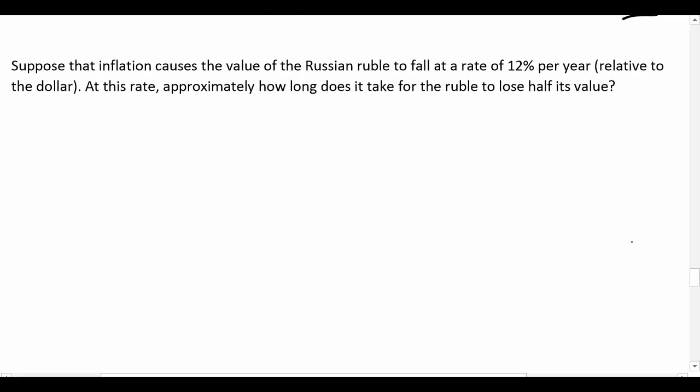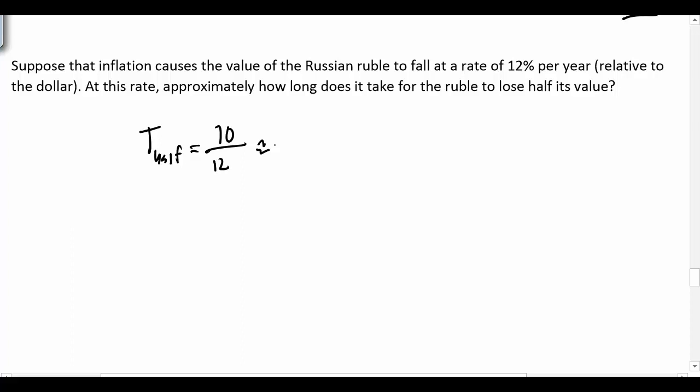Okay, suppose the inflation causes the value of the Russian ruble to fall at a rate of 12% per year relative to the dollar. At this rate, approximately how long does it take the ruble to lose half of its value? The time it takes for half is going to be 70 divided by the percent they gave us, so 70 over 12.